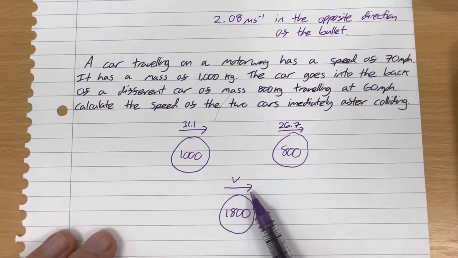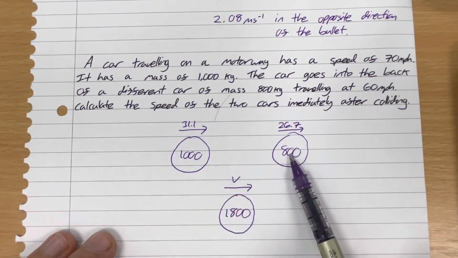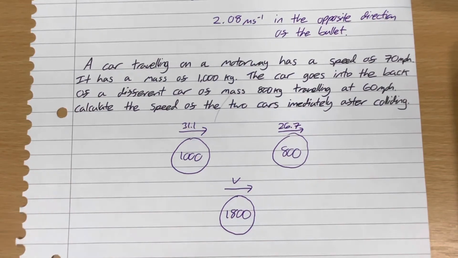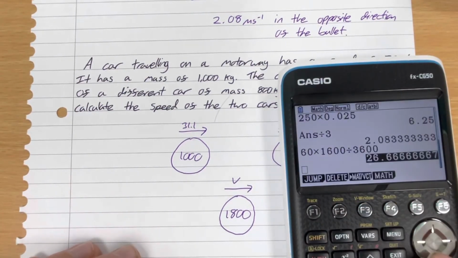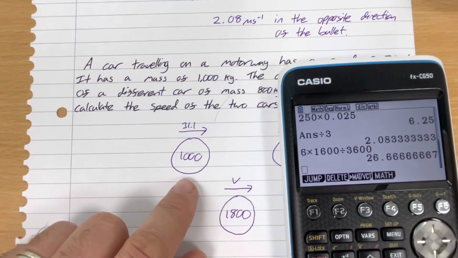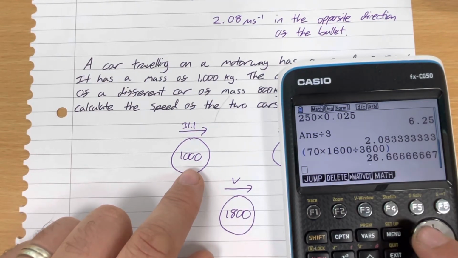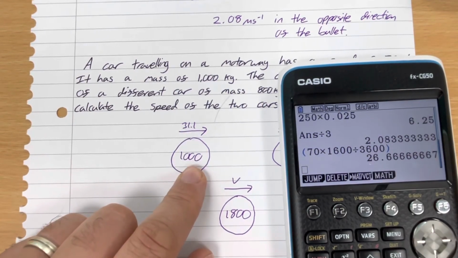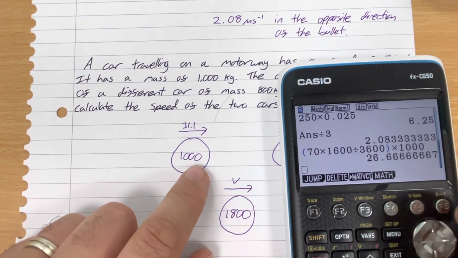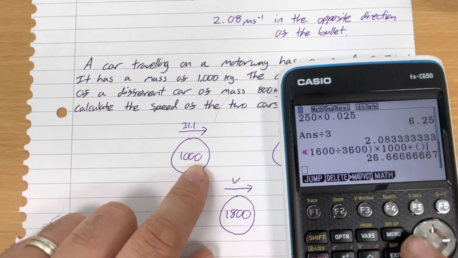Now, the momentum before the impact, so the sum of these two momentums, that must equal the sum of the momentum after the impact, which is that momentum there. So what we can do is, okay, so 70 times that number multiplied by 1,000. That's going to be the momentum of this car. And then plus 60 times 1,600 divided by 3,600, and then times that by 800.